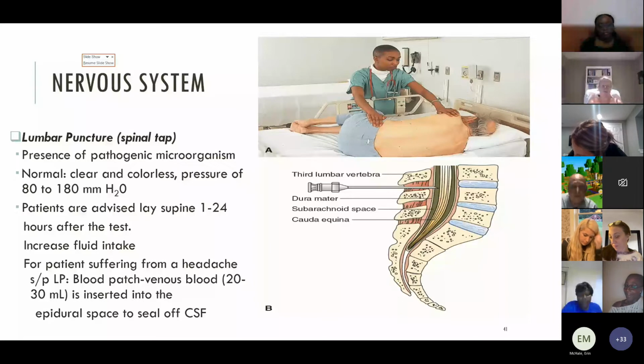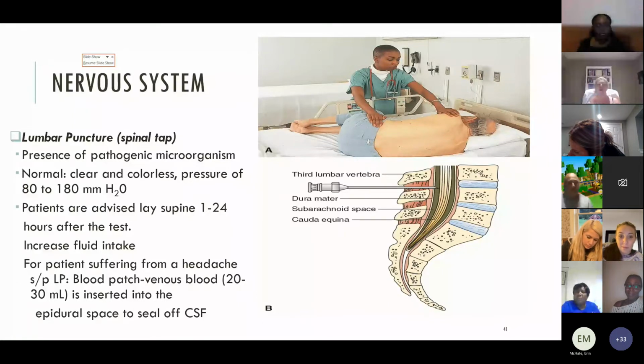What happens sometimes is these patients will get severe headaches from the lumbar puncture. Then they have to go back in and have what's called a blood patch. They would go back to IR, and we would withdraw 20 to 30 mLs of their own venous blood from a regular venous blood draw.